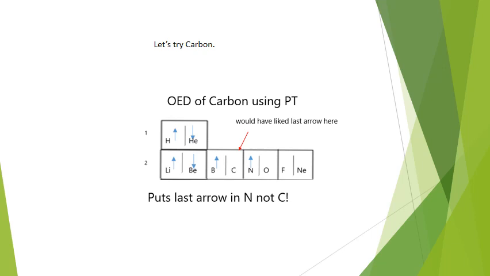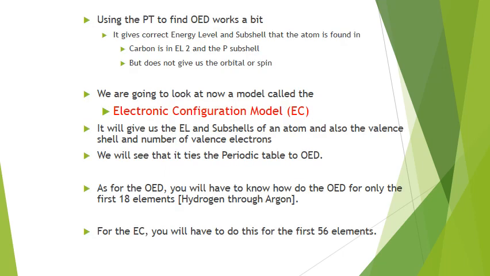Does that mean we can abandon it? All right, so using the periodic table does work to find the orbital energy diagram. It worked up to boron. It'll work for hydrogen, helium, lithium, beryllium, and boron. But after that, it won't work.